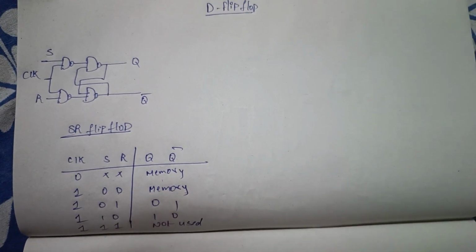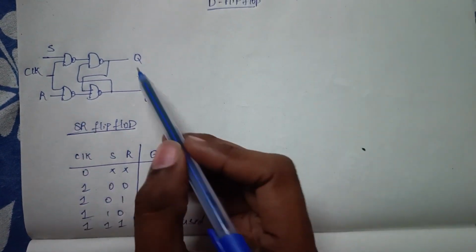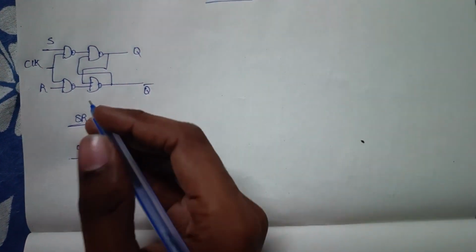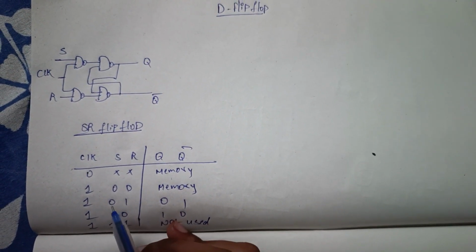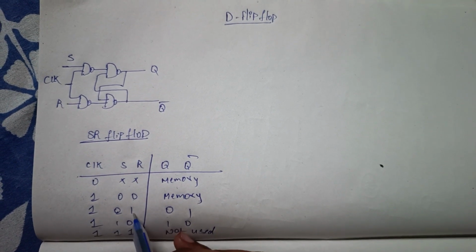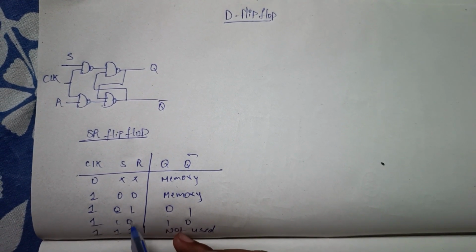This is an SR flip-flop and this is the truth table of the SR flip-flop. If you observe, here the S and R inputs are always complements of each other. That means if S is 0, R is 1, and if S is 1, R is 0.